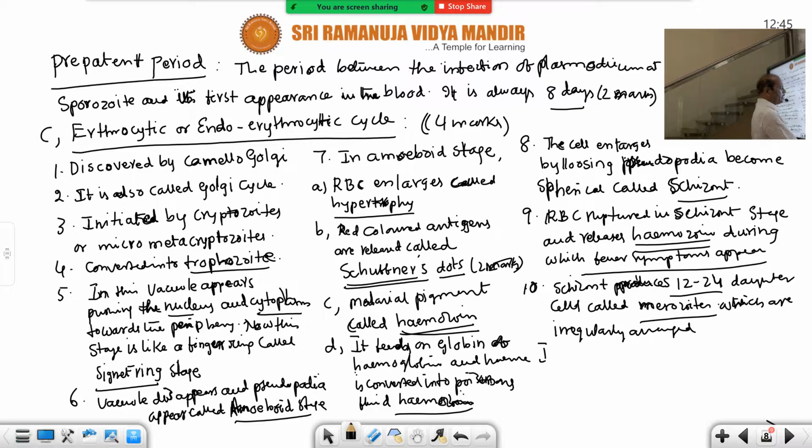The last heading is incubation period. This is also a 2 marks question, like the pre-patent period. What is the incubation period?